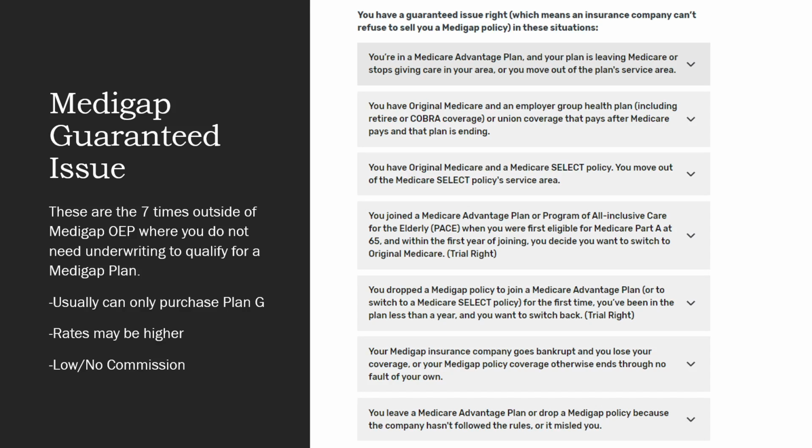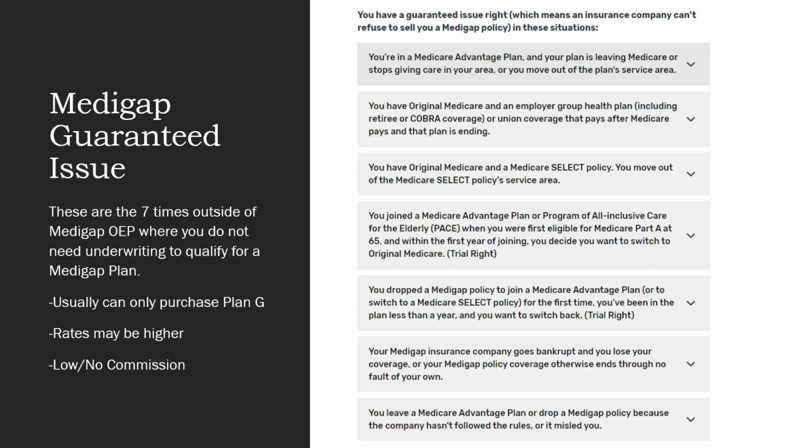Medigap guarantee issue rights: there are 7 times outside of the Medigap OEP where you do not need underwriting for a plan. Typically the problem with this is they can only qualify for either a Plan F or a Plan G. The rates may be higher, and for us agents there's most likely going to be little to no commission on this sale.